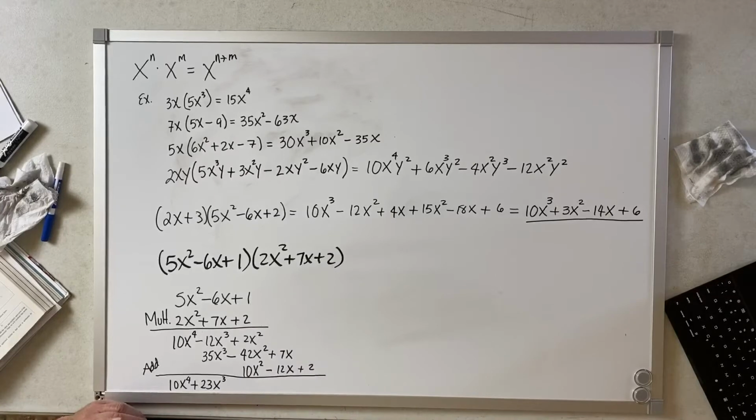Next, I'm adding negative 42x squared plus 10x squared is negative 32x squared plus 2x squared is going to be minus 30x squared. Okay, and then 7x minus 12x is going to be minus 5x plus 2. And that's your answer, everybody.